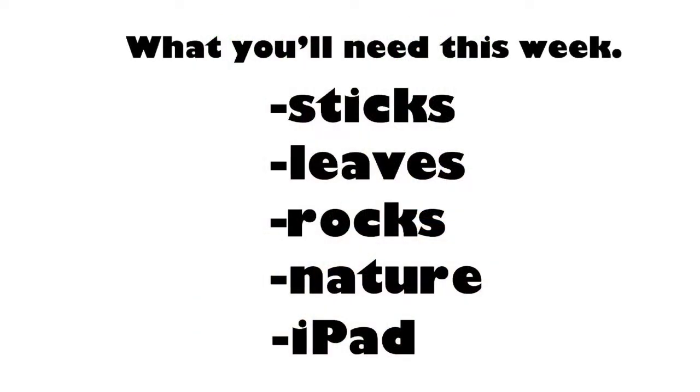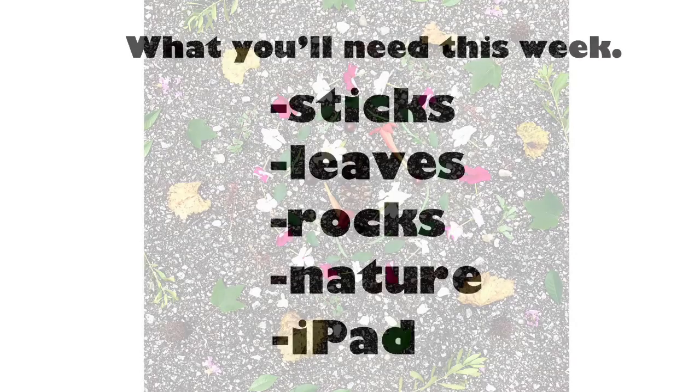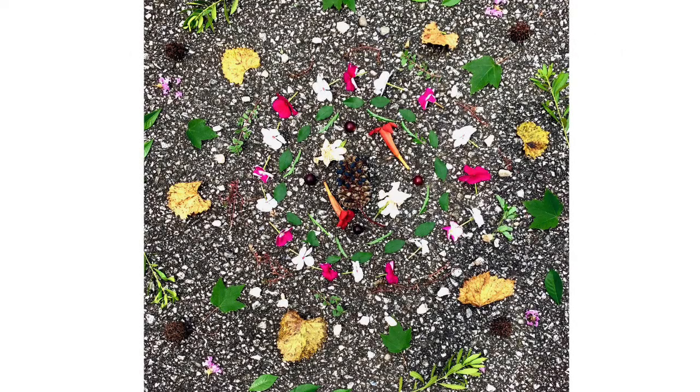Okay, so for this week what you will need is anything you can find in nature to make an artwork with. Sticks, leaves, rocks, anything that you can put together to make your artwork. And when you're done, you'll need your iPad so you can take a photo and share your artwork with us. Alright, so here's an example of one created just using some leaves and some flowers, some pine cones, and different things we found around in the yard, different types of leaves.